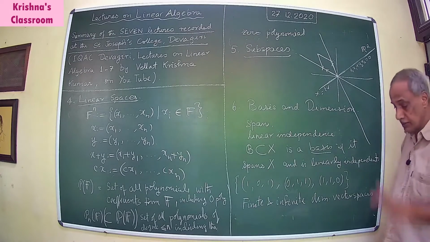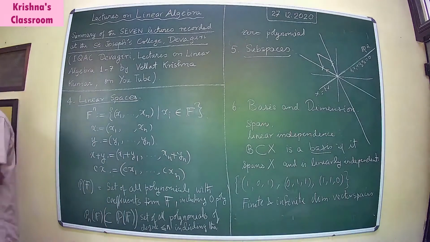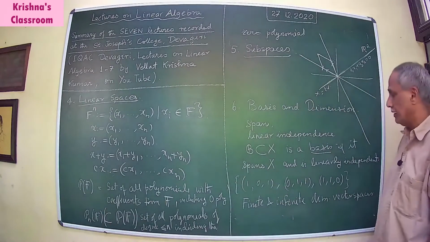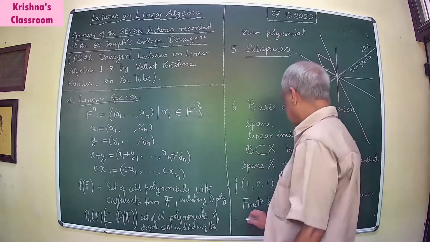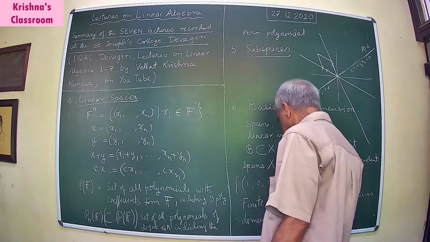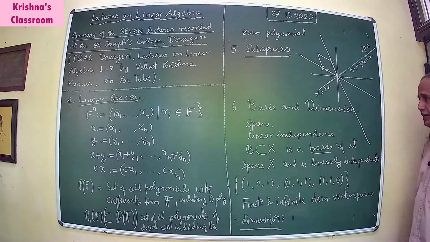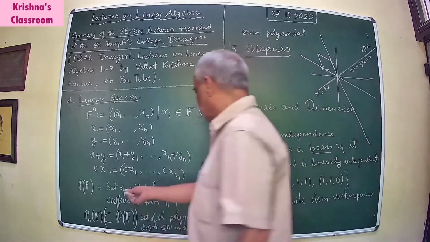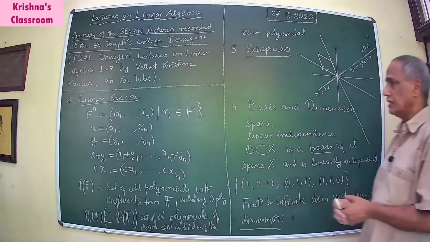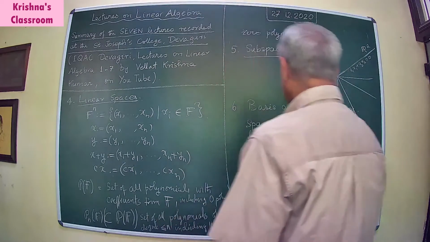The number of elements in it is always the same, and because of that, we call that the dimension of the space. So we define dimension. Otherwise, you call the space infinite dimensional. For instance, P(F) is an infinite dimensional space, whereas P_n(F) is an n plus 1 dimensional vector space. F^n is an n dimensional vector space over F.